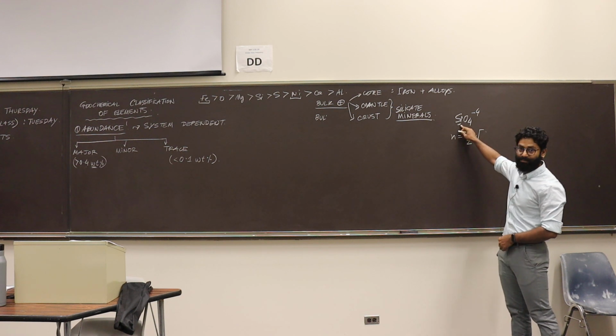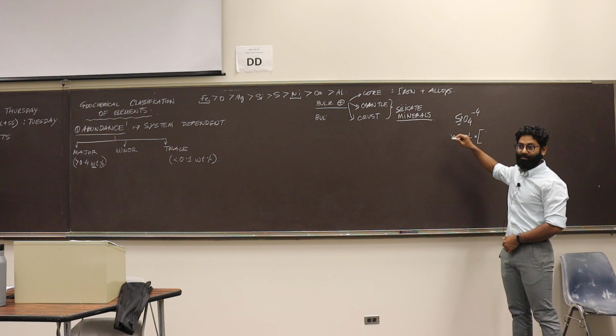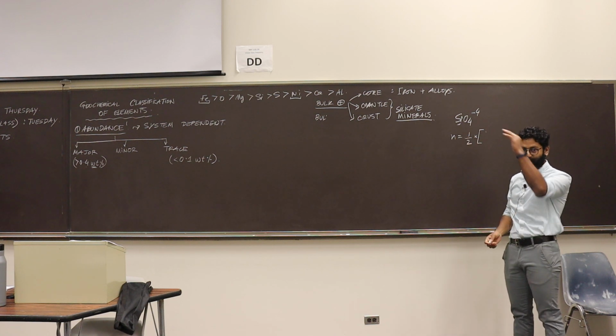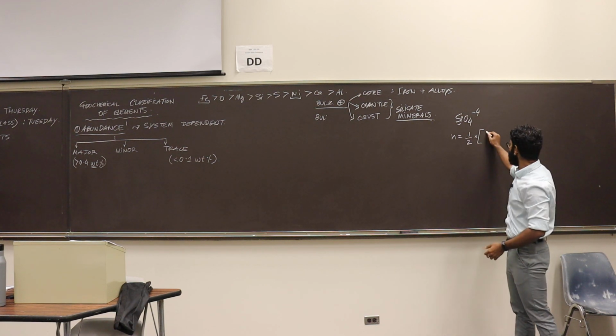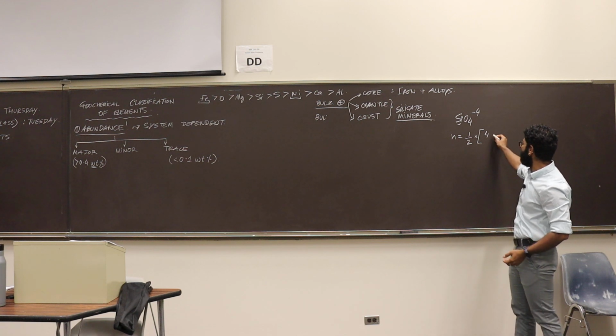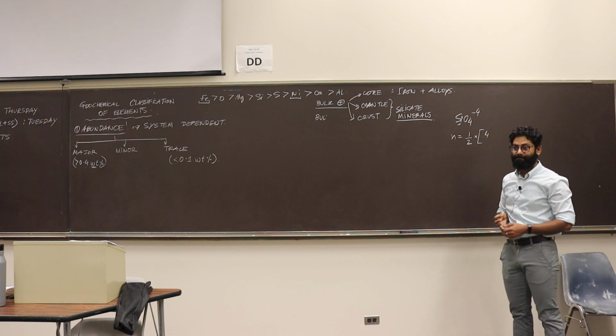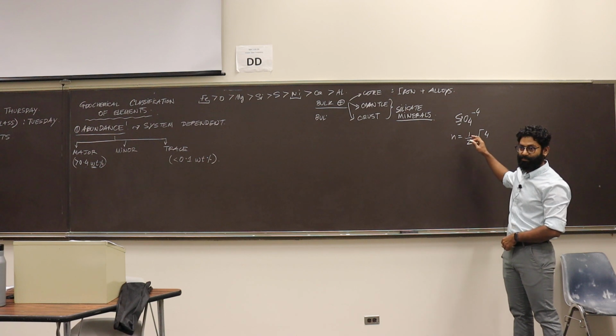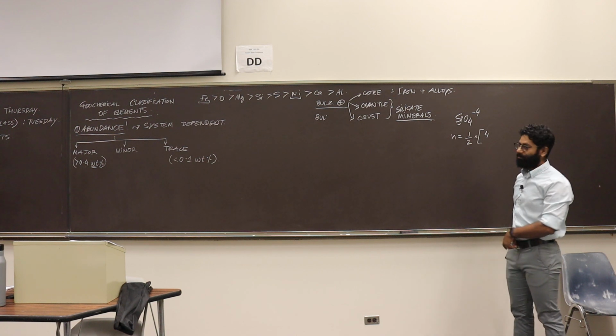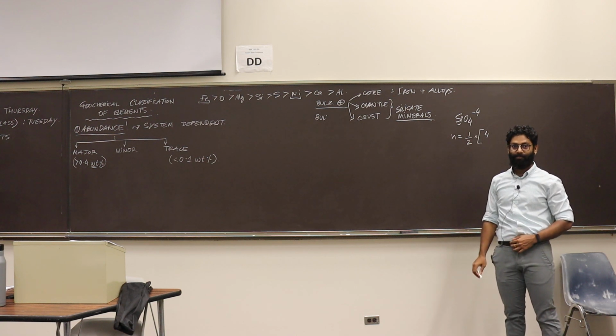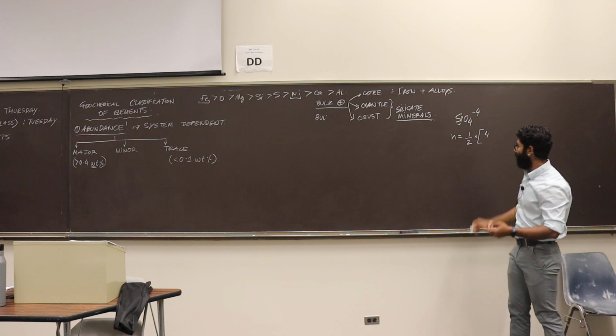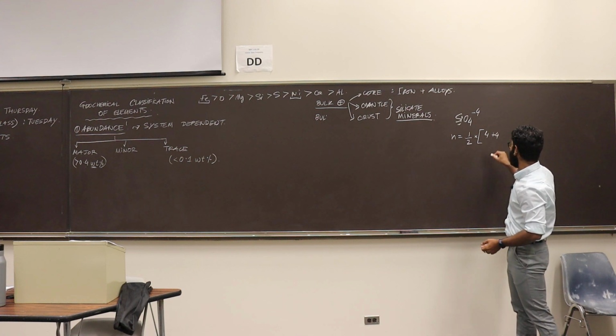Which group is silicon? It's 14, so 4. It's carbon, silicon, germanium, tin, lead. So this is 4. So now what's the formula? It's 4 plus the anions minus the cations, so plus the anionic charge.